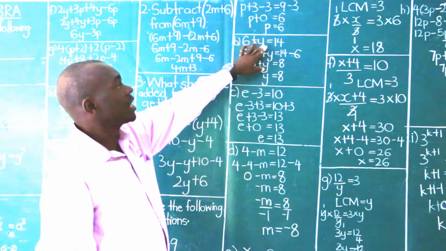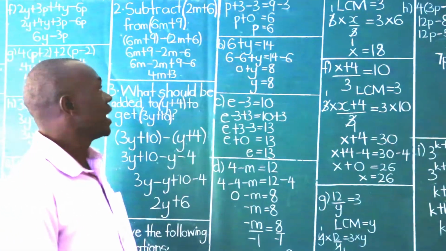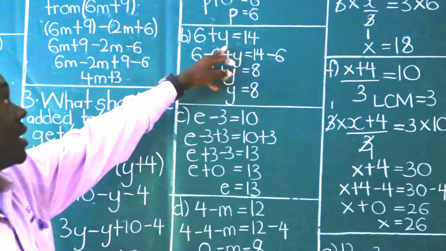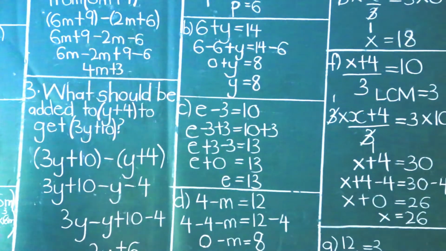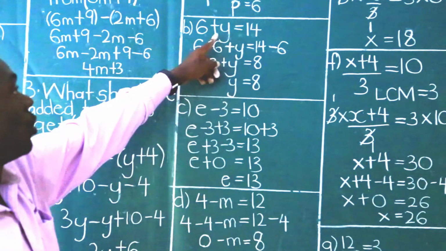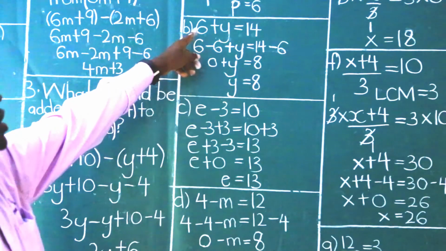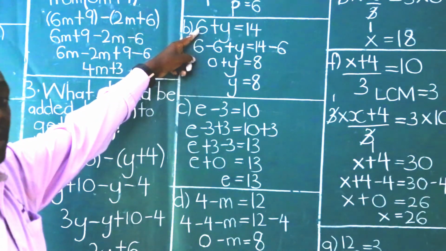So, 6 plus y is equal to 14. This time around, the unknown is added, whereas in part A, the unknown was first, here it is second. So that is 6 plus y is equal to 14. 6 being positive, you spoil it with a negative of the same kind.